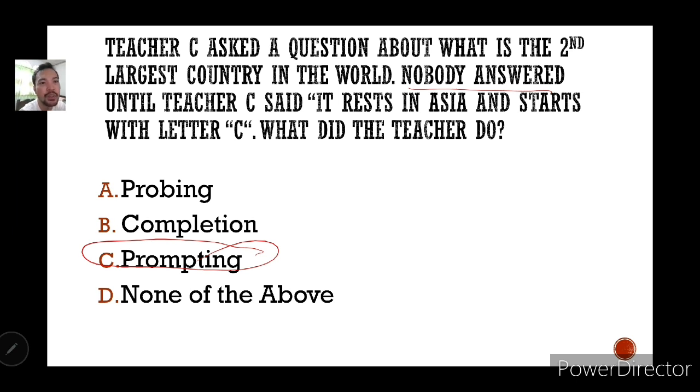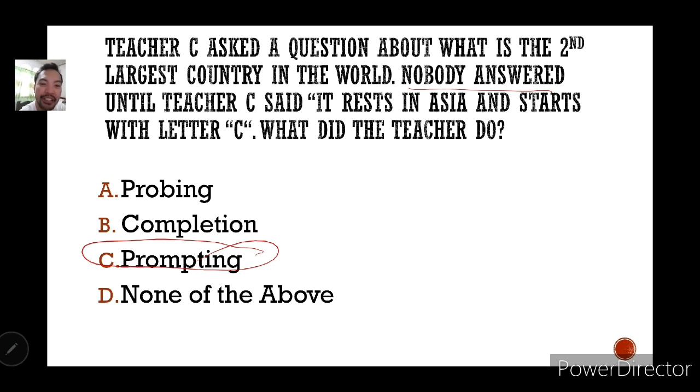So they need help. They need tulong. So the answer here is prompting because Teacher C said it rests in Asia and starts with letter C, therefore Teacher C gave a hint or help or tulong.